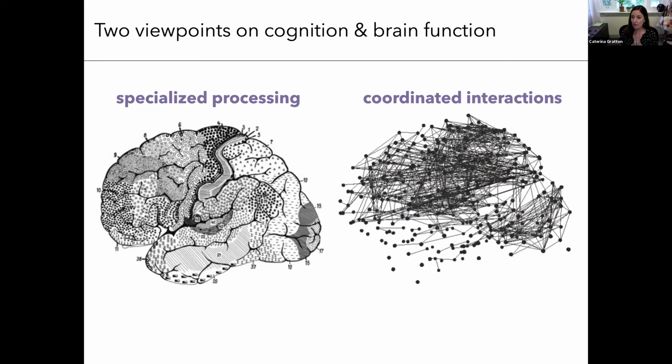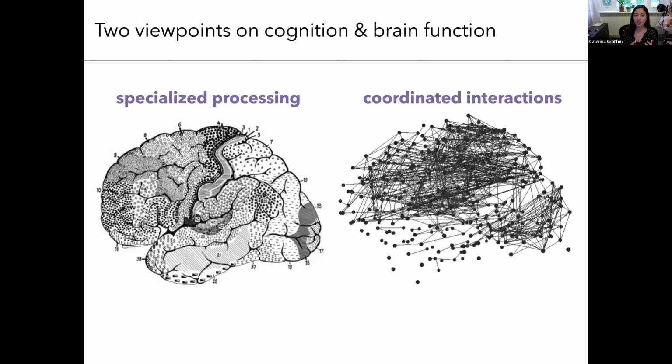Okay, so I'm going to start off the talk today by emphasizing where these functional connectivity methods are placed within different viewpoints of how we might study the brain. A lot of the work that's been done in neuroscience has been focused on trying to understand the specialized processing that goes on in different regions. So how a particular region or a particular neuron may even encode very specific properties, be tuned to particular properties, say, of a visual stimulus or where attention is placed in space.